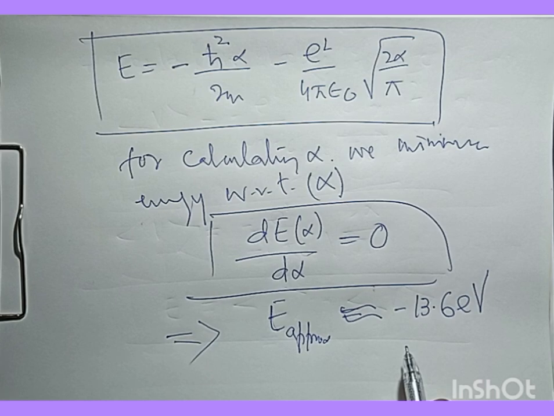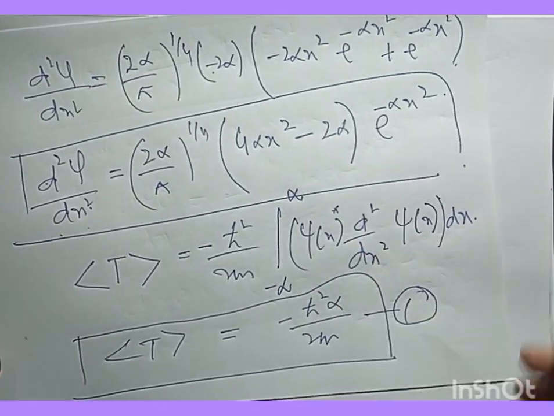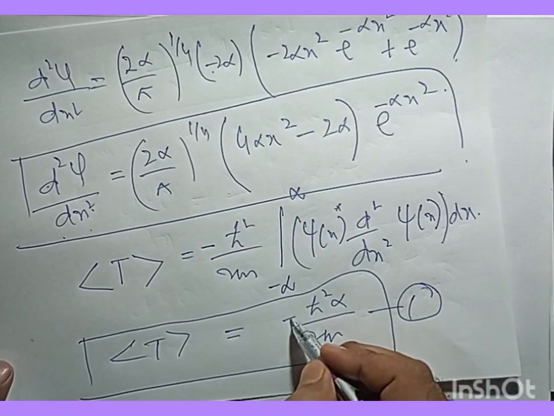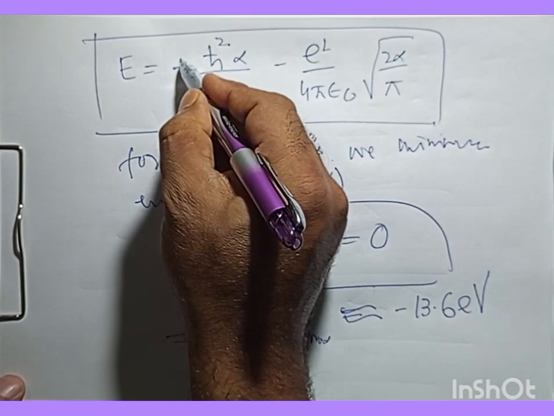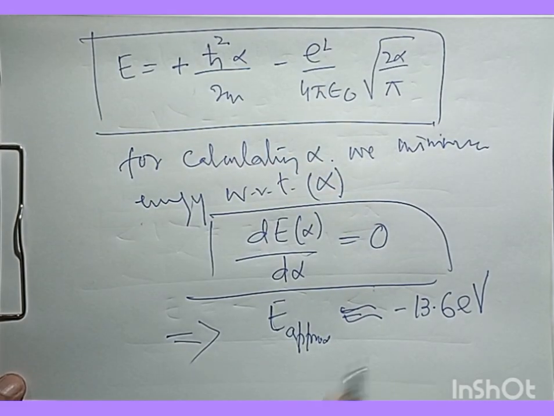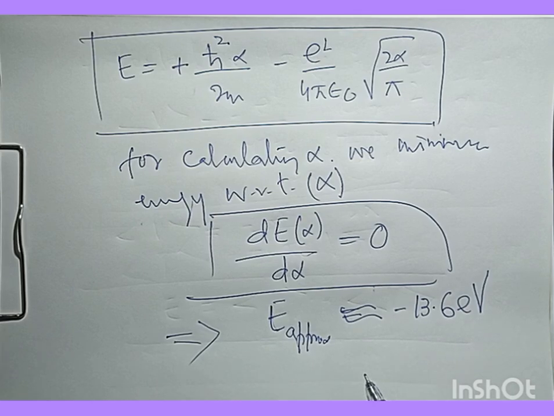We can see the beauty of using this variational principle. I think I have misquoted the sign here, because on evaluating this integral we come up with some negative and this becomes positive. One of them has to be positive, only then we will have negative. So finally we obtain the approximate ground state energy of the hydrogen atom.